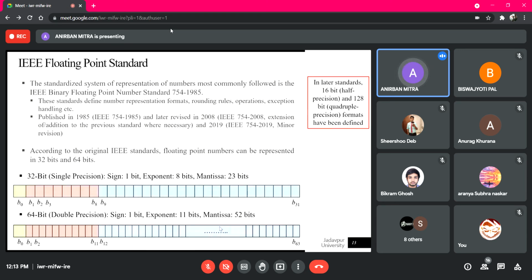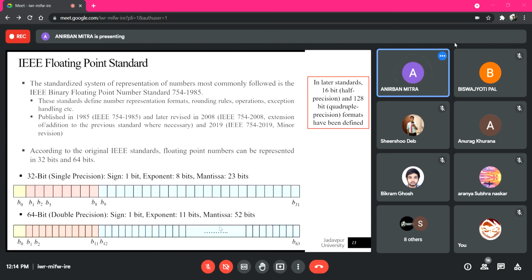We will look at the 32-bit single precision format in a bit of detail. I'll leave the 64-bit double precision format for you to go through. I'll give the skeletal framework of the important points in that format, but the calculations required are to be done by you, a sort of homework.